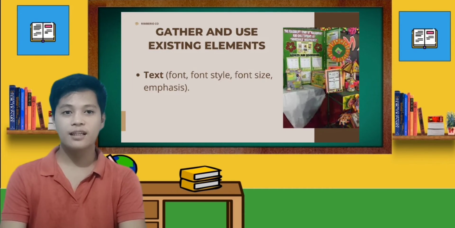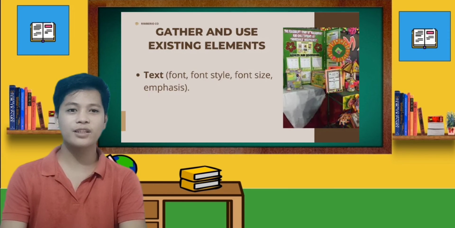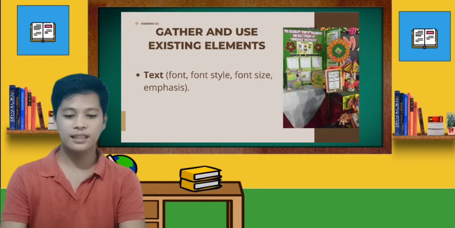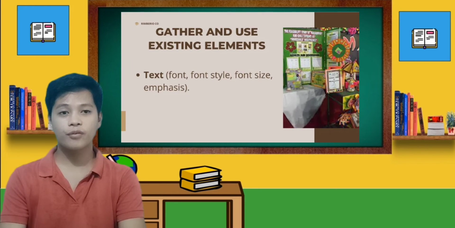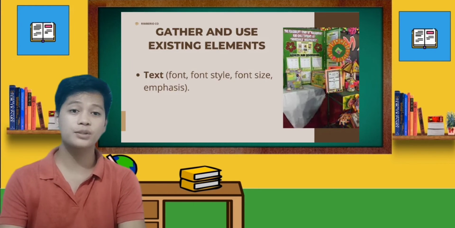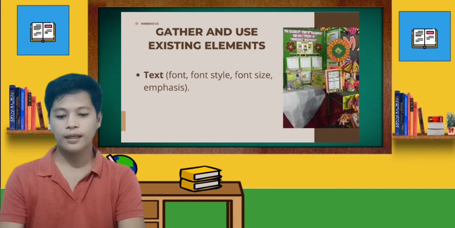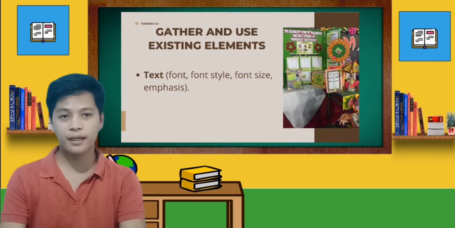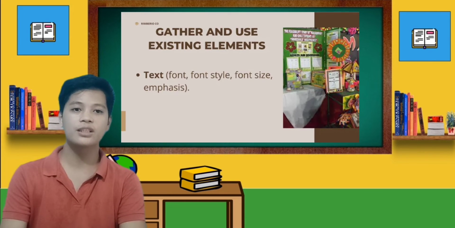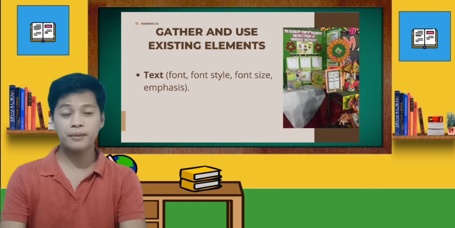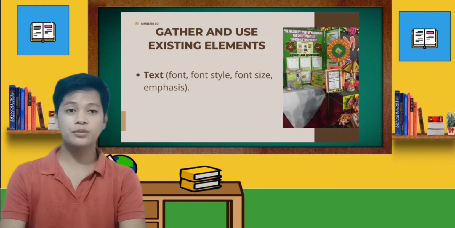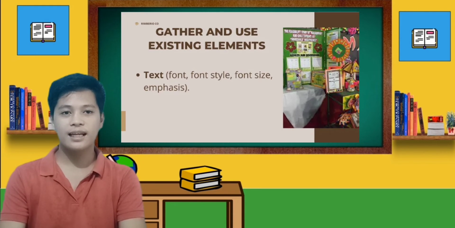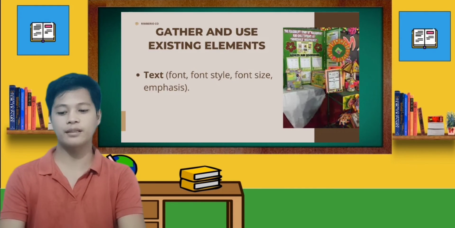Next is the font size. It should not be too small and not too big, just enough, especially for elementary students, for them to read it. And emphasis: there are subheadings, subtopics, topics, and instructions that should be emphasized. You must use the proper way of emphasizing these parts of the instructional material.